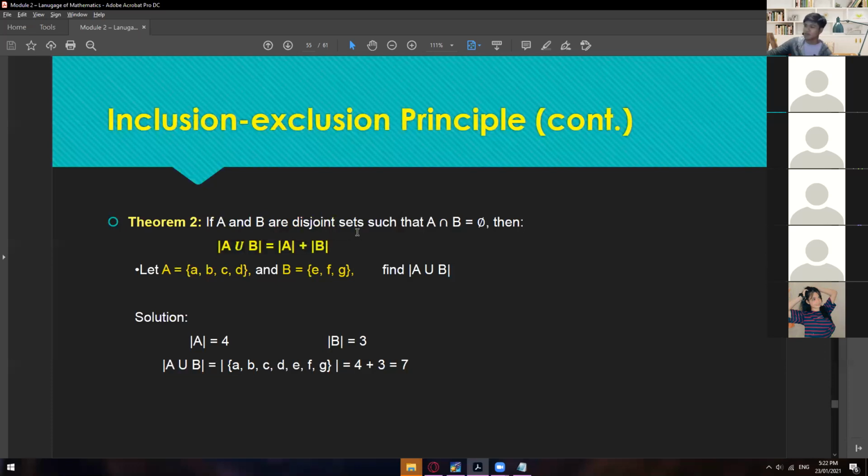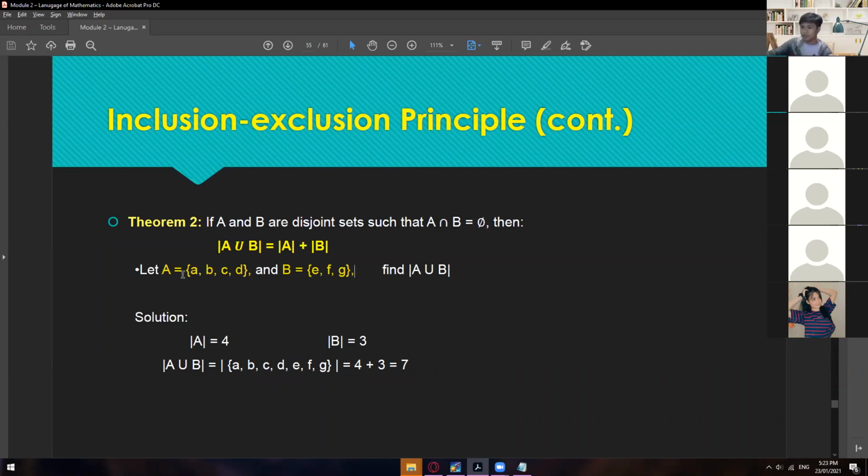They must be disjoint, meaning they must have their own distinct elements. They must not have common elements. That's why A intersection B is null. So there should be none.